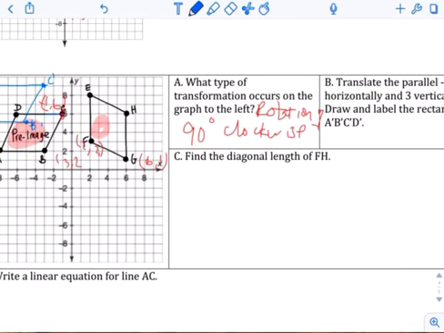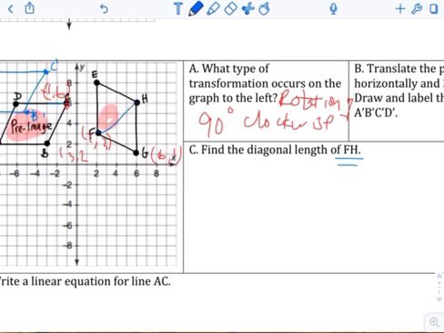Find the diagonal length of FH. Ooh, we don't know the exact length. We're going to do the Pythagorean theorem. a squared plus b squared equals c squared. Okay, we need to make 90 degrees here. Right there and right there.